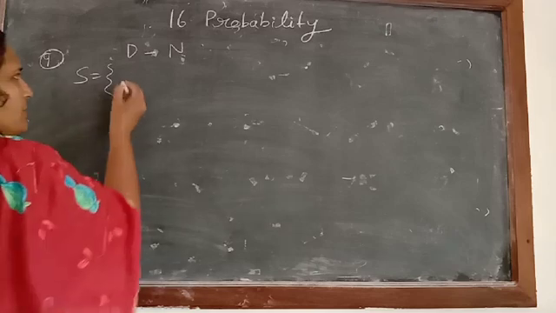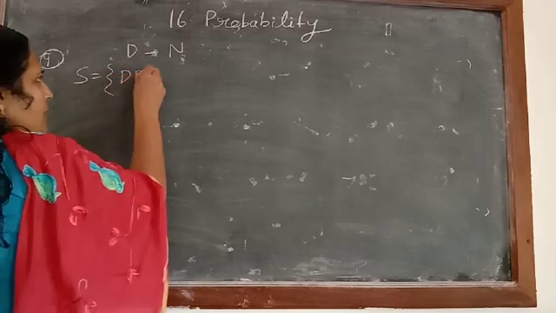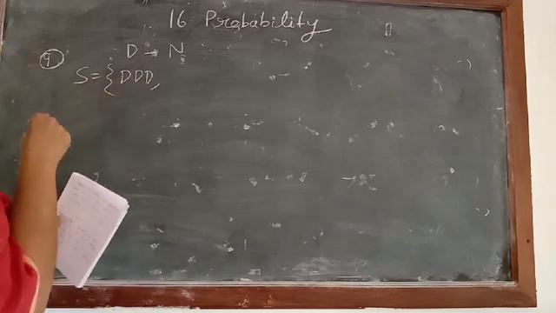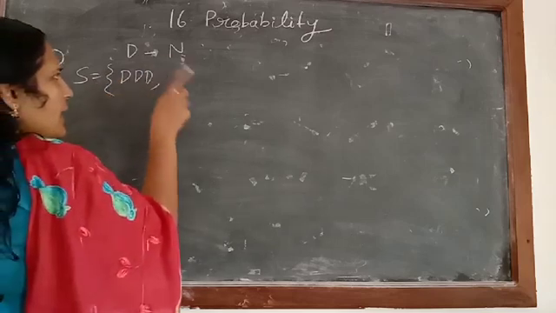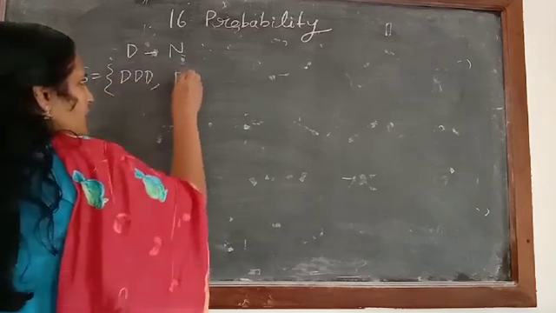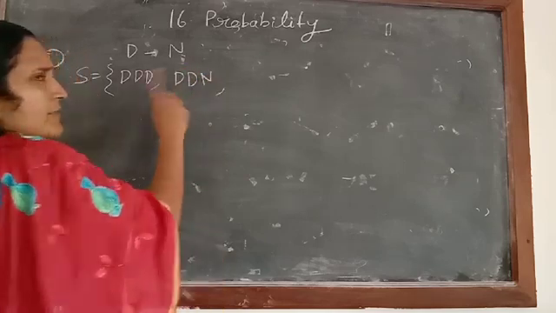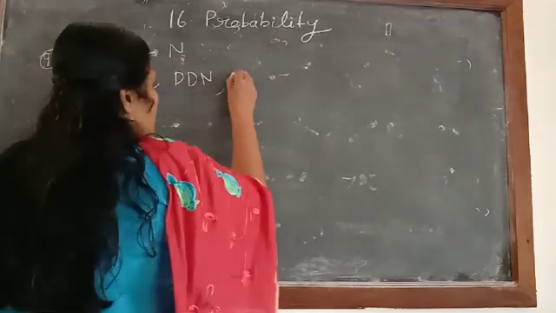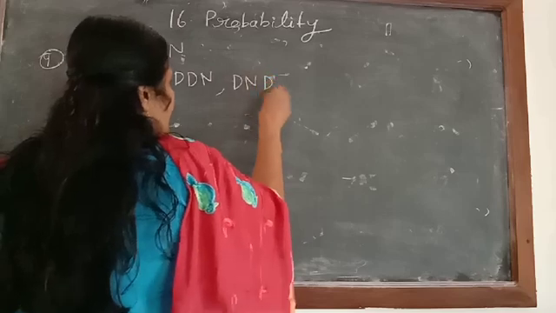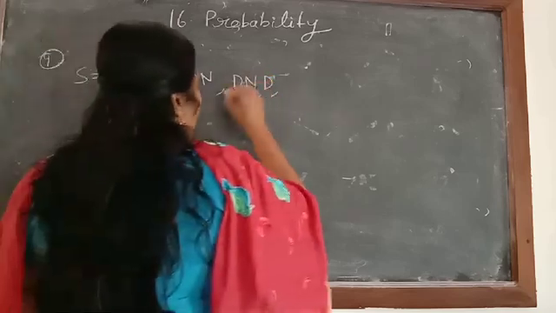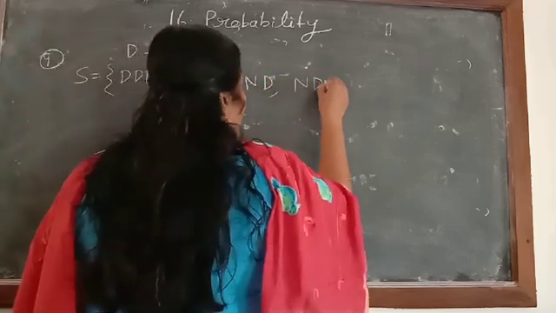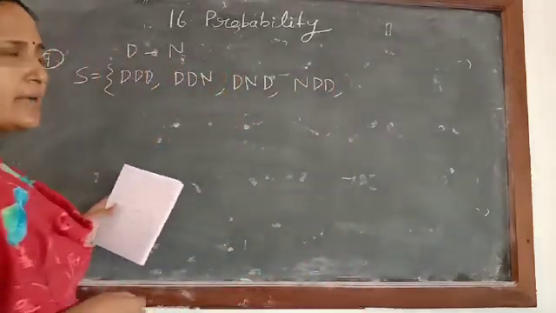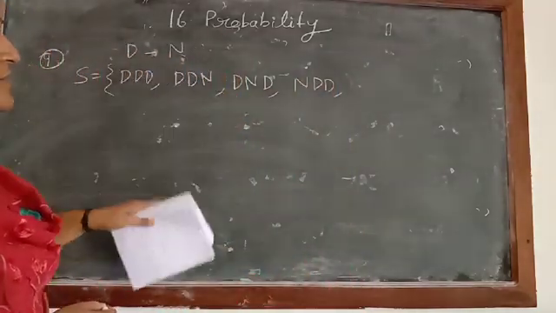So either 3 can be defective, so we can write down there all the 3 are defective, or 2 defective and 1 is non-defective. So D, D, N. Here ordering we can change there. Okay, so it will be equal to second, we can write it this way. Then what will come? N can be first, non-defective, and then 2 defective. So 2 defective and 1 is non-defective.